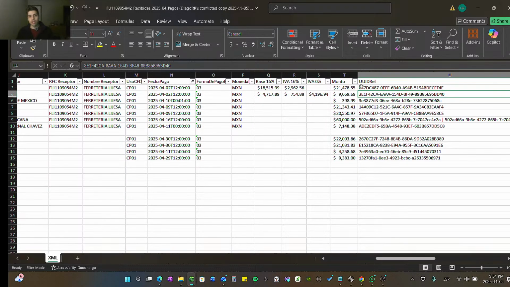Because remember, in this specific case where the invoice was paid in later months rather than on the spot, it is imperative to keep a trace of both the original invoice and the actual payment. Those are two different documents. They are not the same, even though they are related.